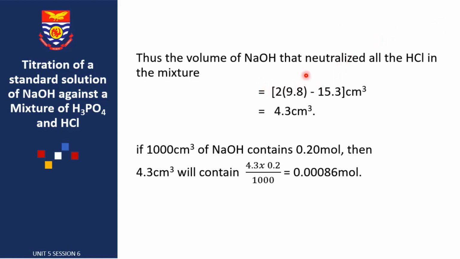We need to find the moles in this 4.3, and we do as we do usually, and we are going to get 0.00086 moles. So this is the moles of the base that reacted with the acid, HCl.